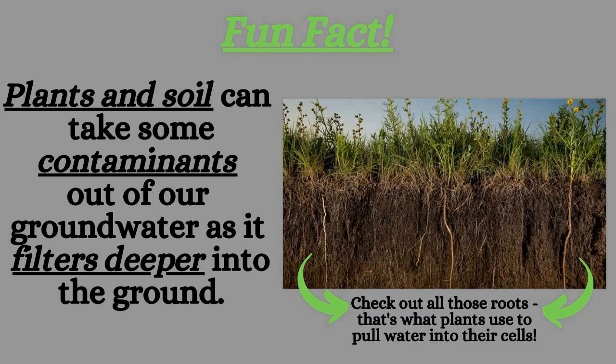So typically, groundwater is usually cleaner than the water that is in our rivers or lakes, which is what we call surface water. And that's because those soils and plants are able to clean out some of those contaminants.